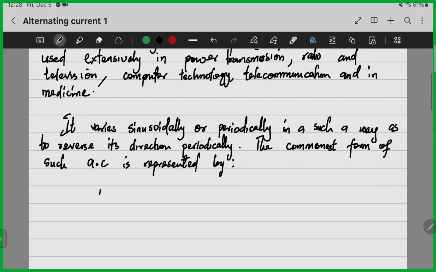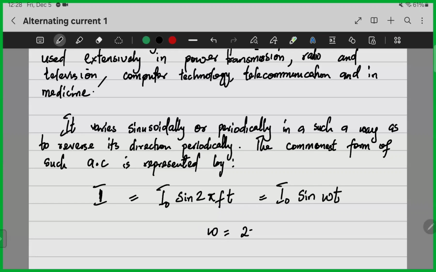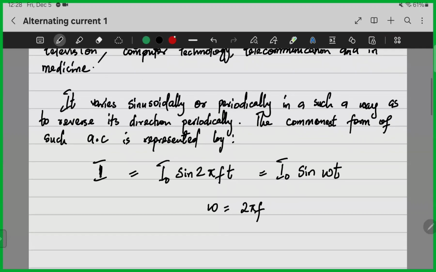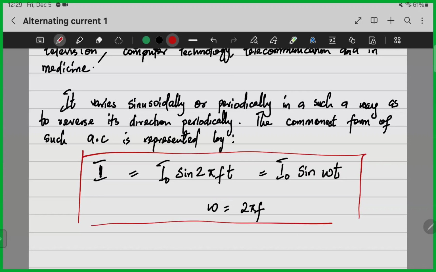We're talking about current, so we have I equal to I naught, that's I subscript 0, I naught sine 2 pi ft. Some can write this as I naught sine Wt, because W equal to 2 pi f. So please take note of this. I've started again with the formula. Very important.